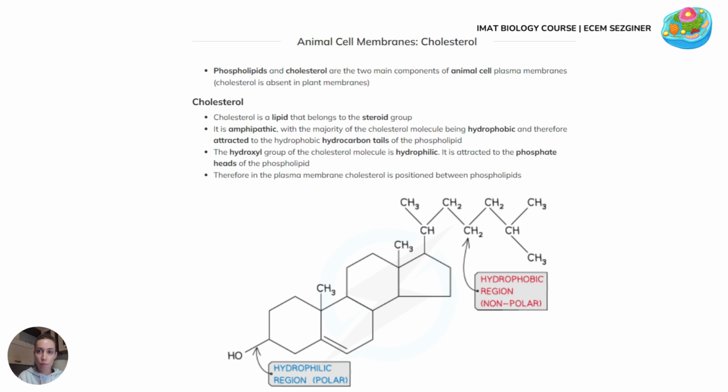Or if the molecule is polar and likes to dissolve in water, they are going to attach to the heads of the bilayer membrane. I think that is pretty easy to imagine, but I wanted to remind you that when you're in doubt, just check their polarity. Are they water soluble or not? If you have to figure it out. And this is how one molecule of cholesterol looks like.